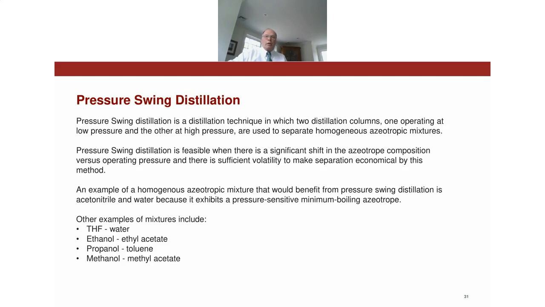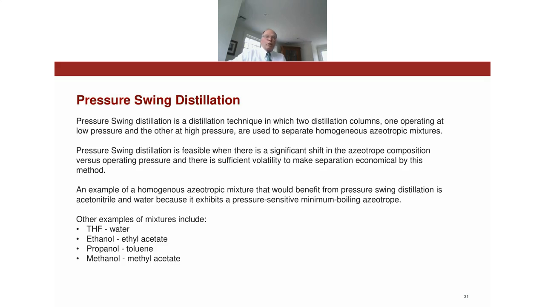Pressure swing distillation is a technique where you have 2 columns, one that operates at a low pressure, one that operates at a high pressure. And if there is a significant shift in the azeotropic composition versus pressure and sufficient relative volatility between the compounds once you get on the other side of the azeotrope, then this can be an economical method of separating 2 compounds that form an azeotrope.